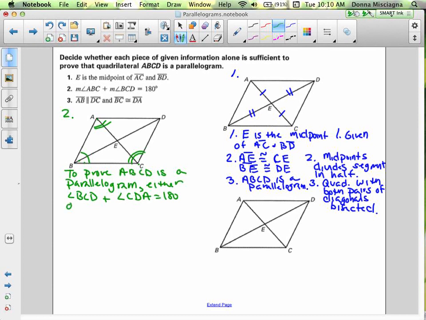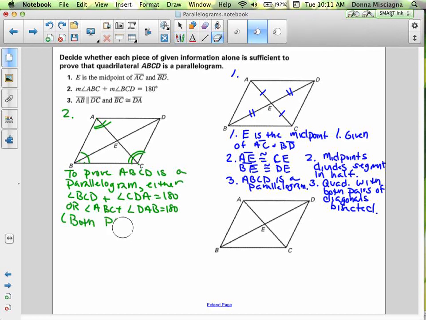Or angle ABC, they called it ABC, I'll be consistent, ABC plus angle DAB equals 180, and then it would be one angle supplementary to both consecutive angles.